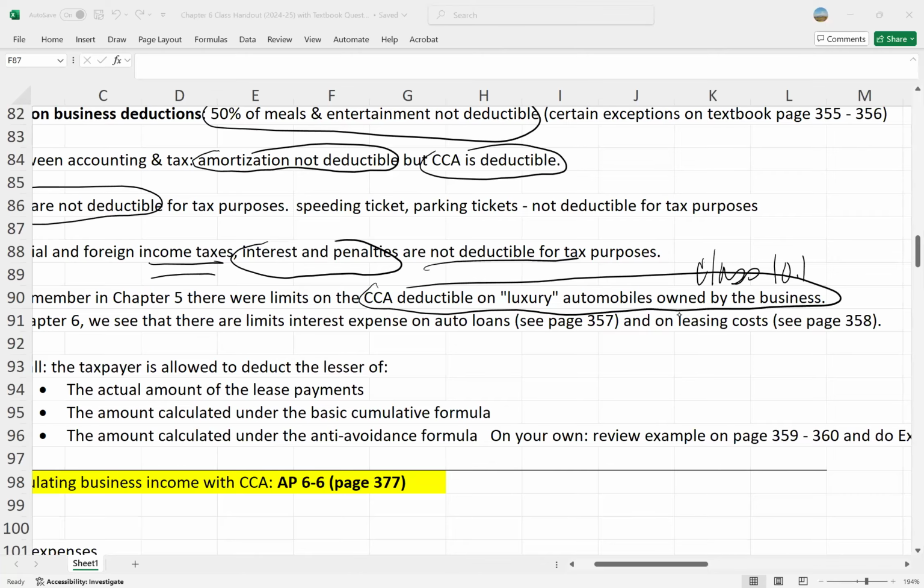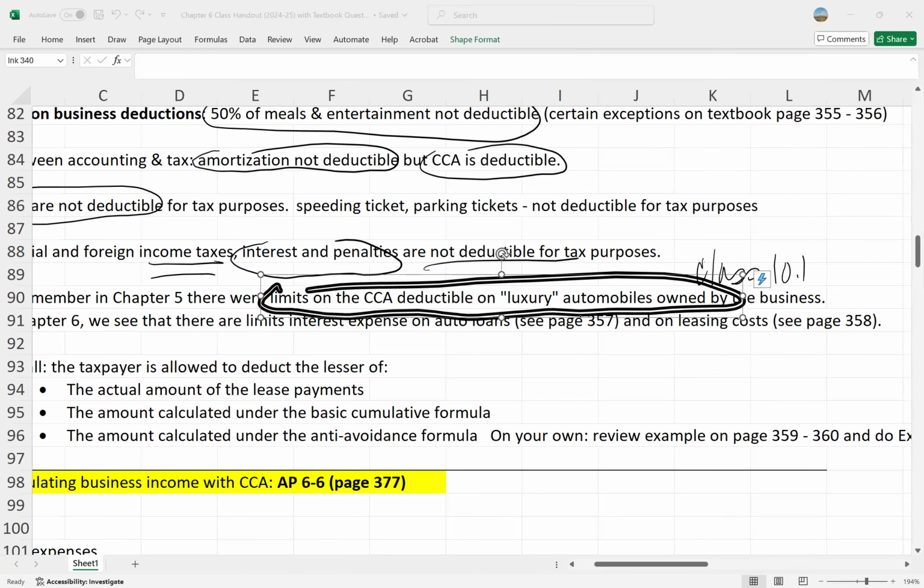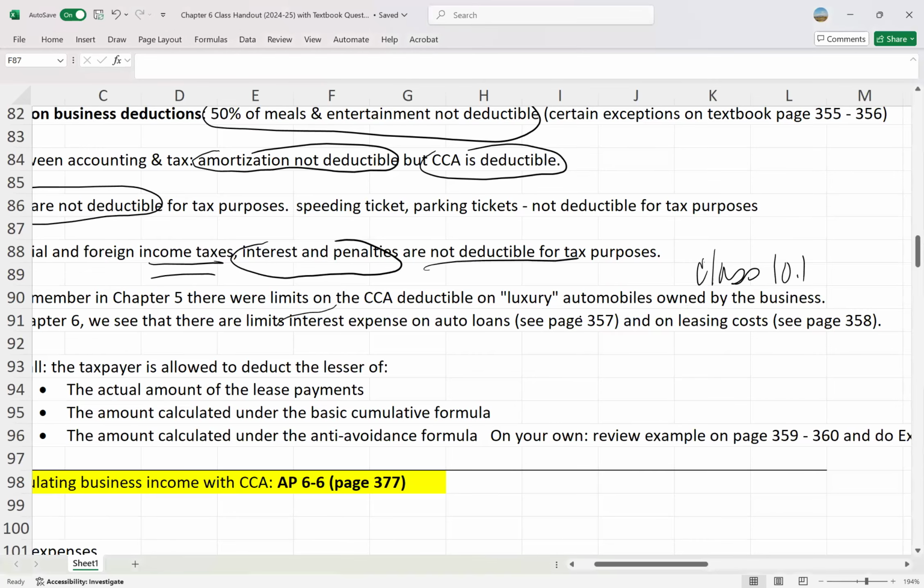Now, there are some differences with respect to car lease payments as well, and also with interest expense on car loans. The textbook does a pretty good job of explaining that. So I leave that to you to read on your own when it comes to limits on interest expense deductions and leasing deductions for tax purposes.